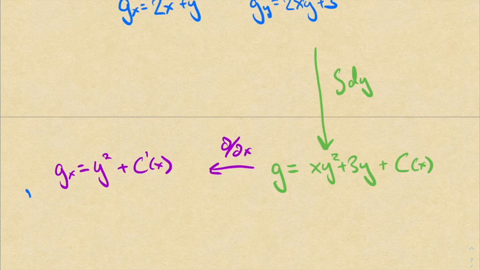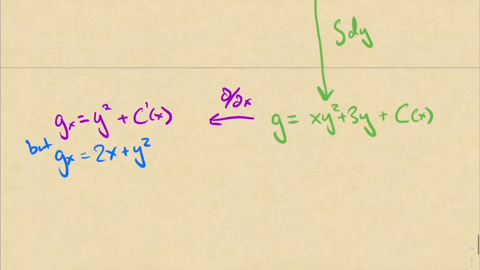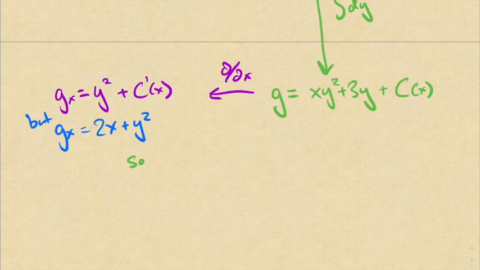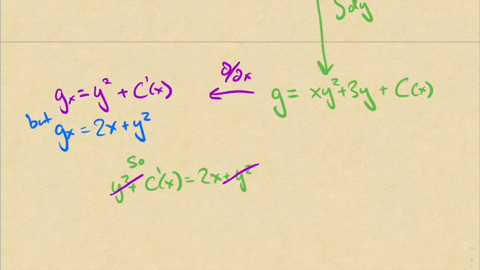But just like we saw before, g_x, because it's part of the gradient, is also equal to 2x plus y squared. So combining this, y squared plus c prime of x equals 2x plus y squared. We can cancel out our y squareds. c prime of x is equal to 2x. Anti-differentiate, and we say c of x is equal to x squared, possibly plus a constant. We'll call that d again.